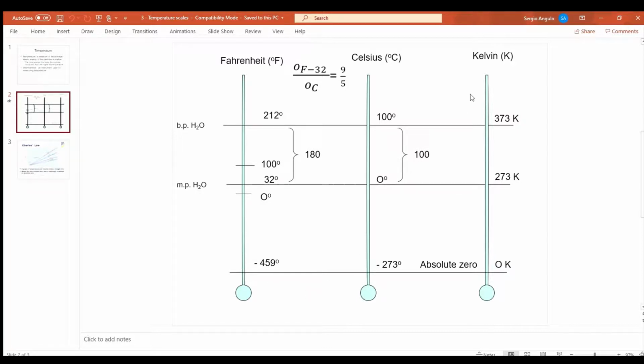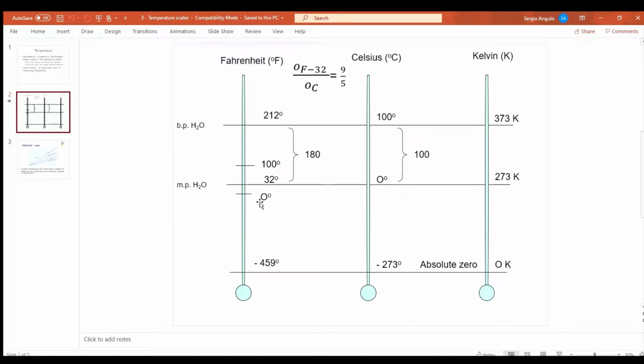Then a guy in England came along, Lord Kelvin. He said, why do we have these temperature scales that have negatives on them? If there is a temperature that is the absolute coldest, then why don't we start our scale there?